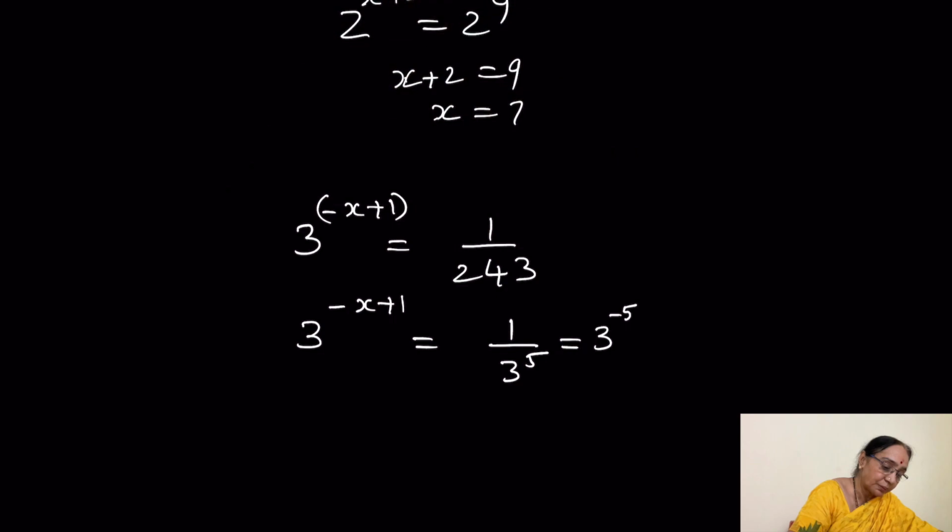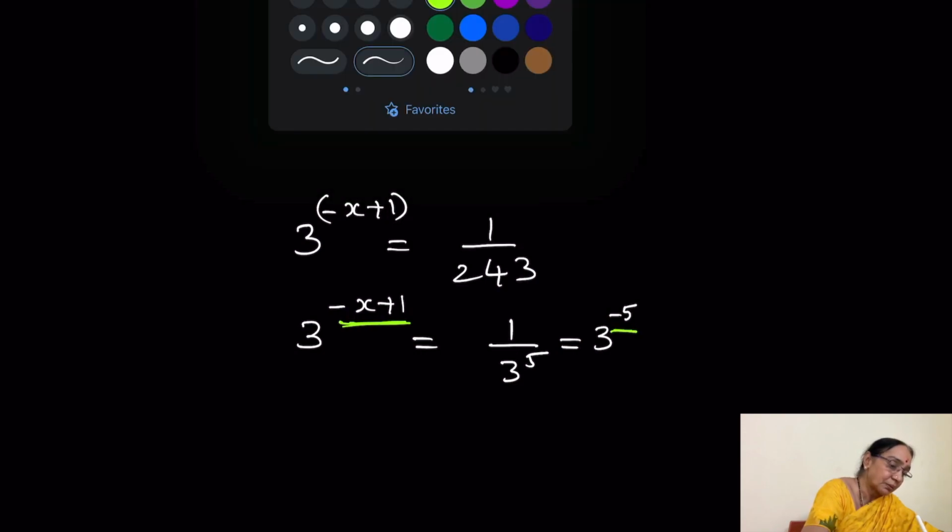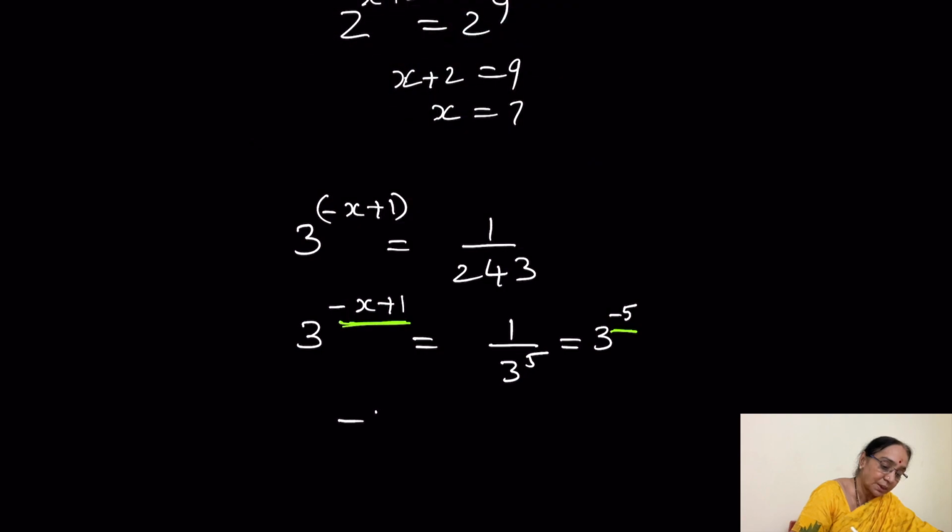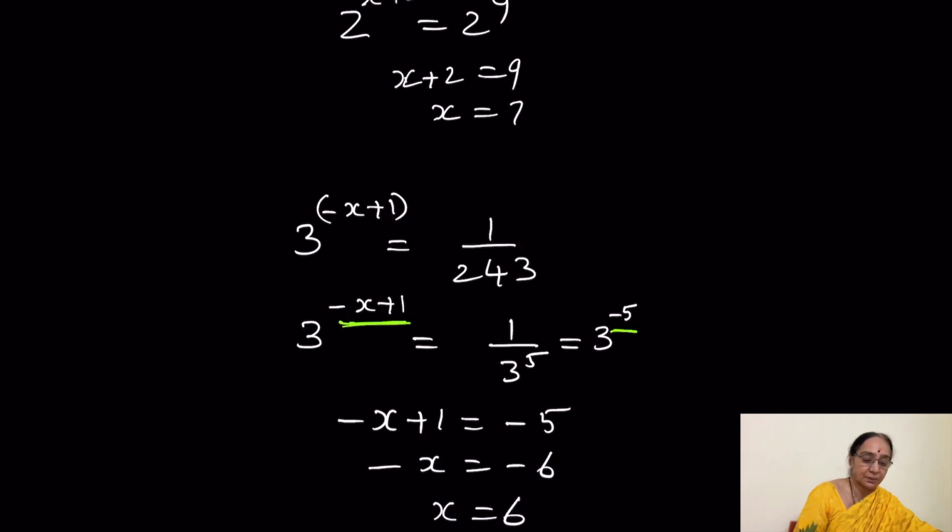Here the power of 3 is negative x plus 1, and here the power of 3 is minus 5. So you match them and solve. You get a linear equation. Minus x plus 1 is equal to minus 5, negative x is equal to negative 6, and x is equal to 6.